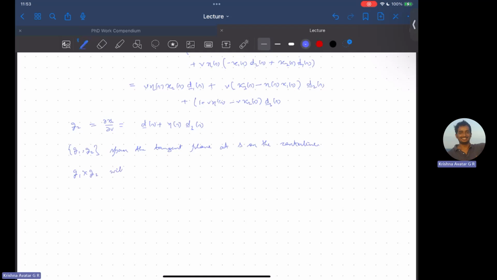So will result in the normal to the surface, the ribbon surface at s, or maybe normal to the tangent plane.